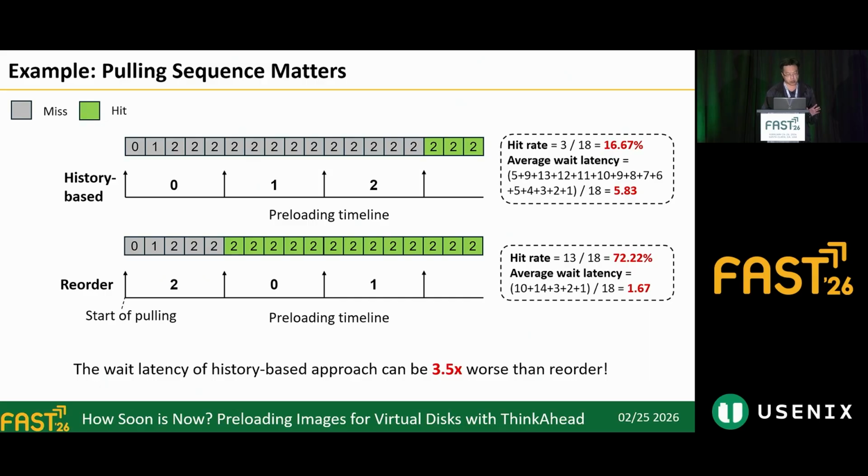Now, when you access block 0 and block 1, you will still see misses. But when you access block 2 very frequently, you will get the hits very soon. So these two examples tell us that if we do this reordering, we can reduce the wait latency by a lot compared to the history-based approach that is based on the exact order of the access sequence.